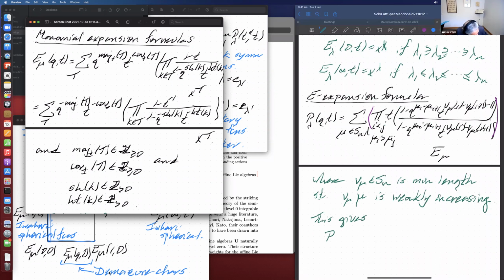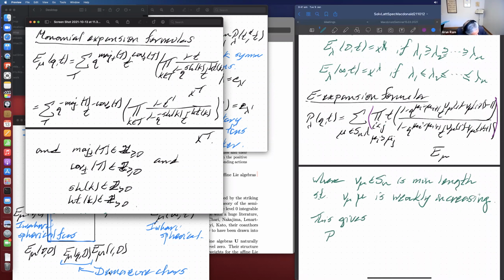And then finally, we have this thing that if mu i is greater than mu i+1, then I can permute the ith and the (i+1)th entries of mu, and that's equal to some operator, which I'll write as del i xi minus t xi del i plus 1 minus t times q to the mu i minus mu i+1 t to the something, that's not so important what these exactly are, but they're very specific things, times E mu.